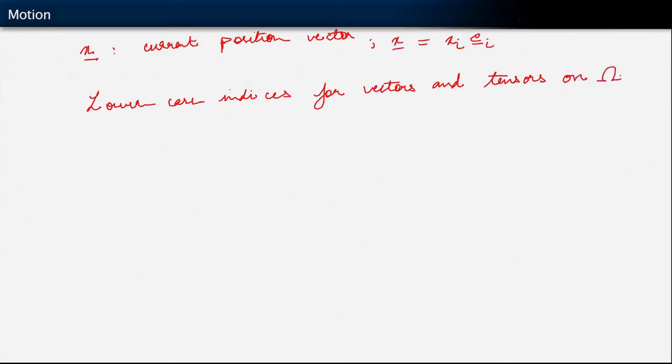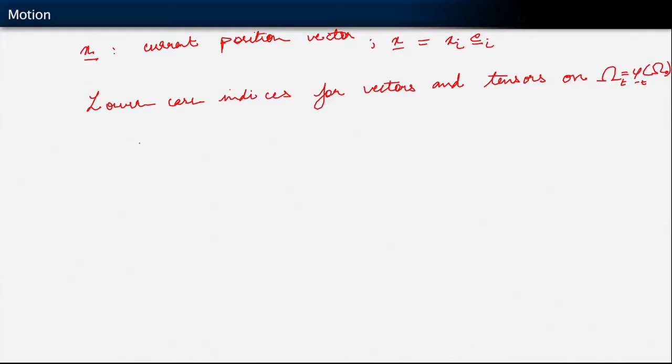Omega in general is our representation of a current configuration at a particular time, right? So omega, remember, is phi; omega sub t would be phi sub t of omega naught. That subscript t just reminds us that it is at a particular time t. In general we will refer to the whole set of current configurations as omega, and the sub t being for a particular time.